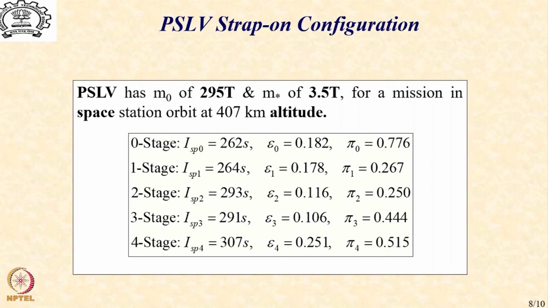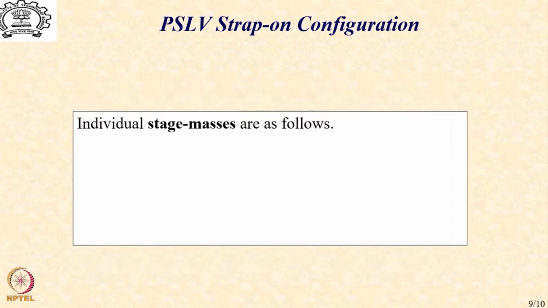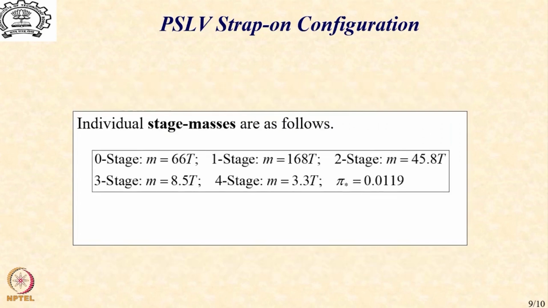But let us look at the actual numbers. If you look at the actual mass of the 0th stage of PSLV, it is 66 tons, as against the first stage mass of 168 tons, which is a little more than 1/3 of the first stage mass. And it is more than the second stage mass, which is only 45.8 tons.